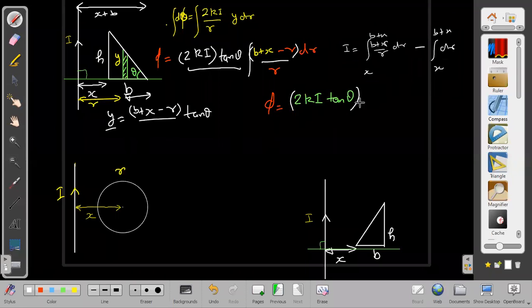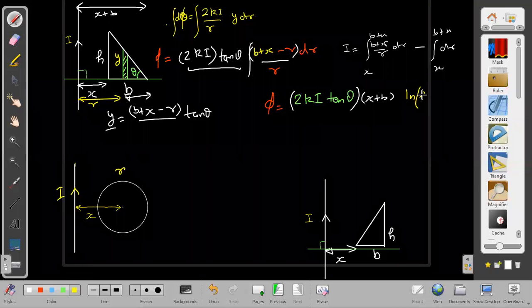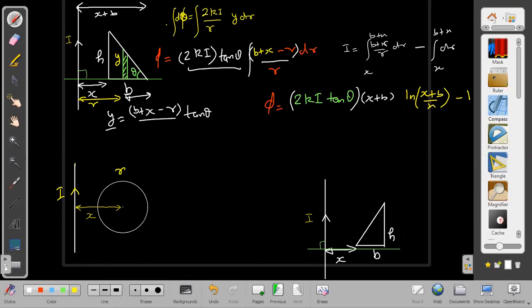This whole multiplied by x plus b, whole again B multiplied by into ln, only for x plus b, log of x plus b by x, minus b. I think this whole thing is outside, right? Yes, sir. Right on, right on.